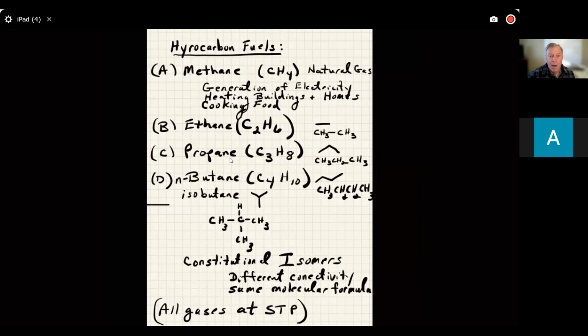All right. Now, n-butane and isobutane, these 2 isomers of butane, you probably have seen cigarette lighters or fireplace lighters. And if you look at a Bic lighter, sometimes they have that little window that you could see. And if you look in there, there's a liquid.